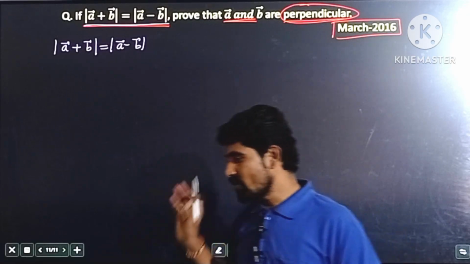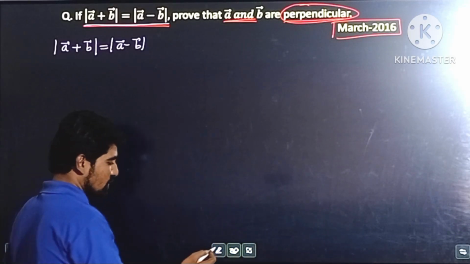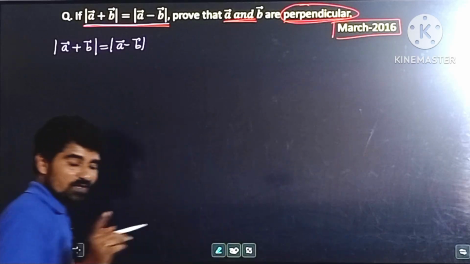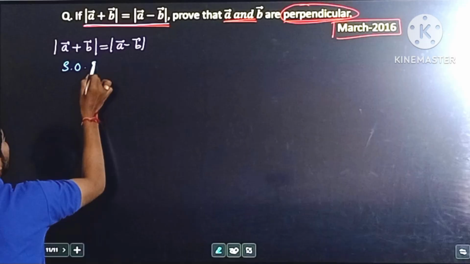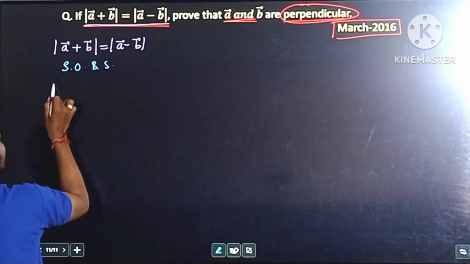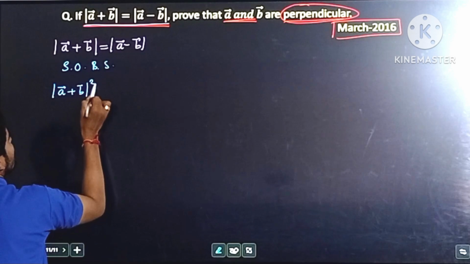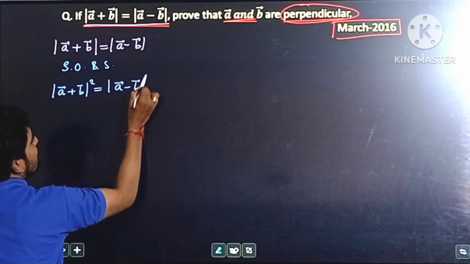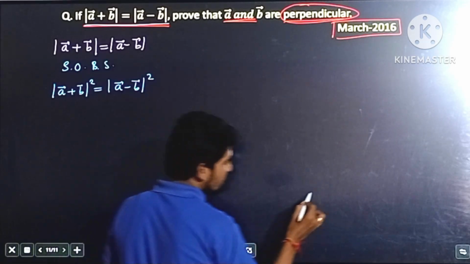If you take the square, then half of the question will be solved. So to identify the angle between A vector and B vector, first I am going to take what? Squaring on both sides. That becomes magnitude of A vector plus B vector whole square is equal to magnitude of A vector minus B vector whole square. And by the algebraic formulas, that is what?